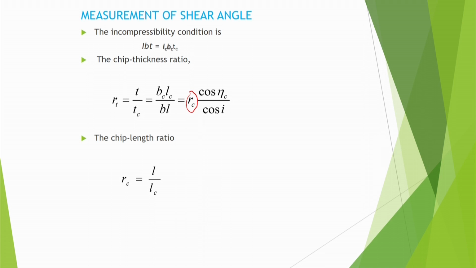If we define the chip length ratio as RC, RC is equal to L by L C.